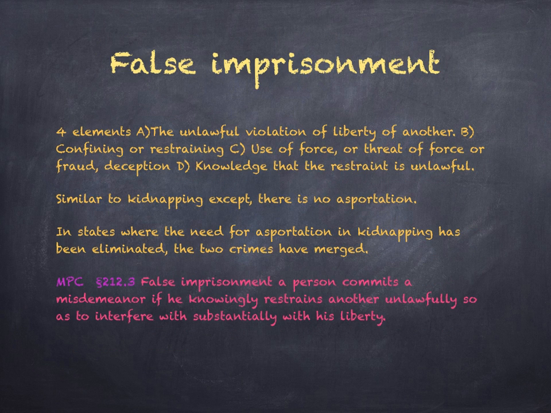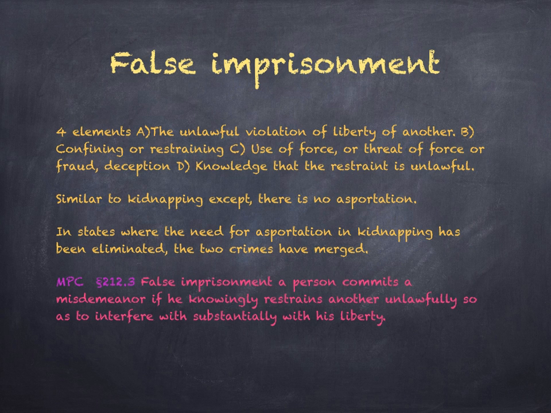Now, false imprisonment is similar to kidnapping. It has 4 elements instead of 5. It's the unlawful violation of the liberty of another, confining or restraining by use of force, threat of force, fraud, or deception, with knowledge that the restraint is unlawful. Now, there's no asportation. In other words, the person is not moved from one location to another. In states where there is no need for asportation in kidnapping, this has been eliminated and the 2 crimes have merged.